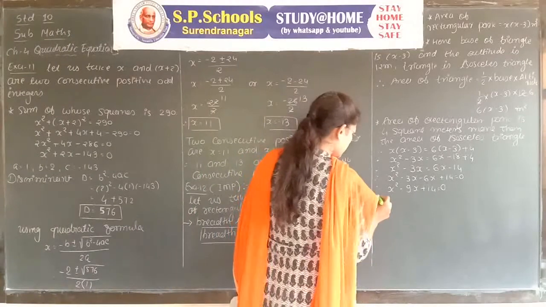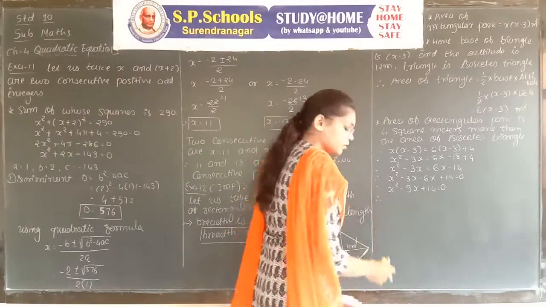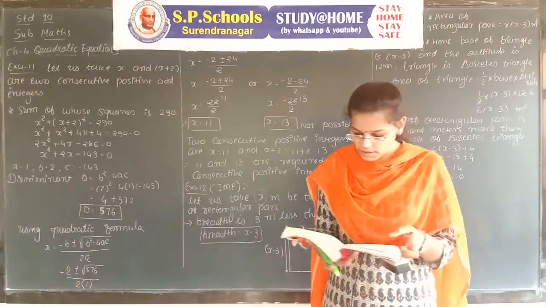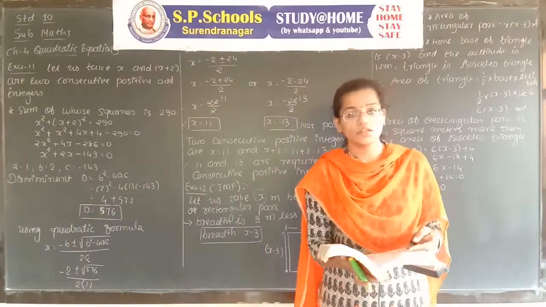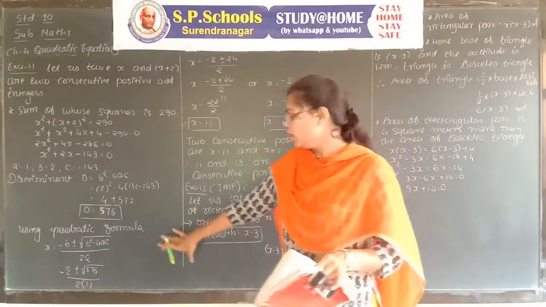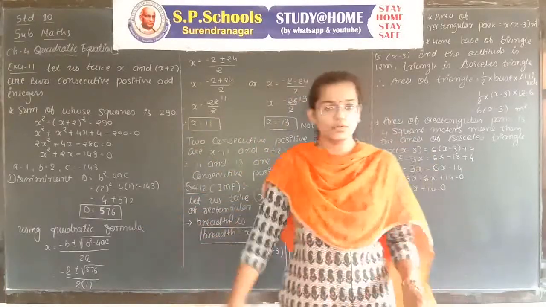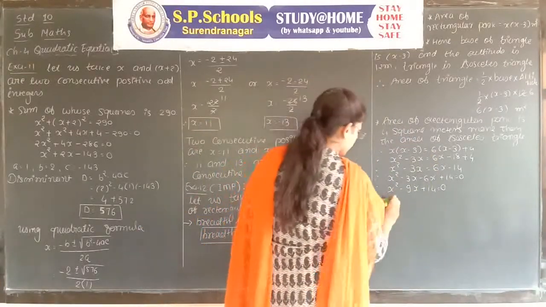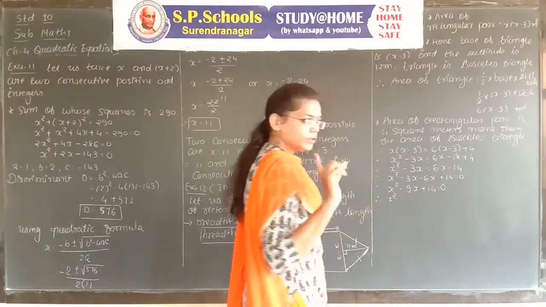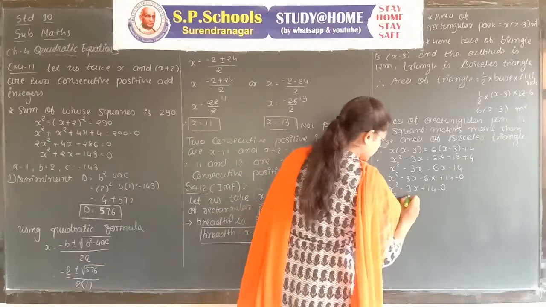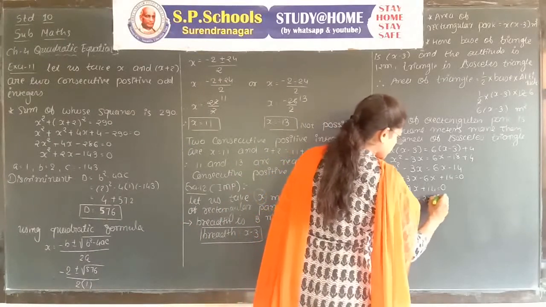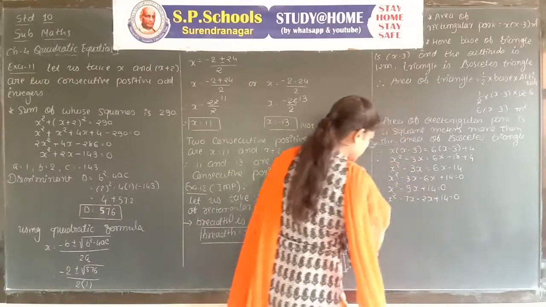In the question no particular method is given, so here we are using the splitting the middle term method. Also you can apply the quadratic formula to solve this equation; there is no need to compulsorily use the quadratic formula. x square minus 7x minus 2x plus 14 is equal to 0.